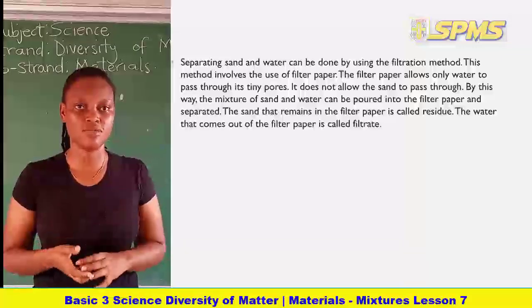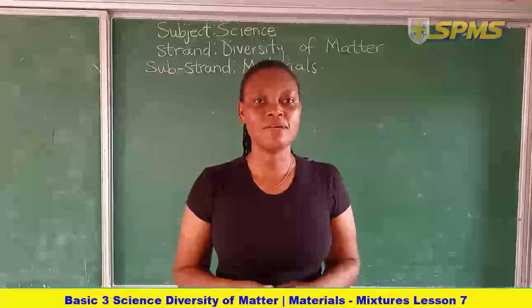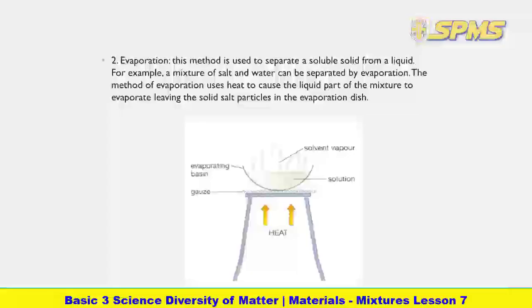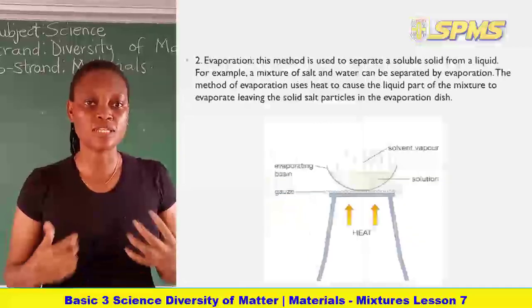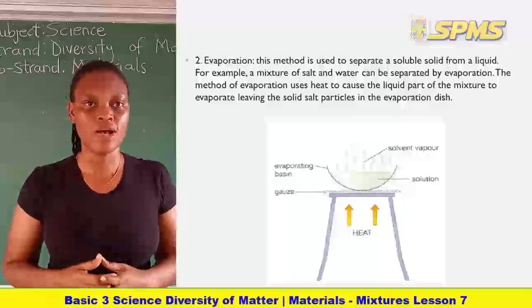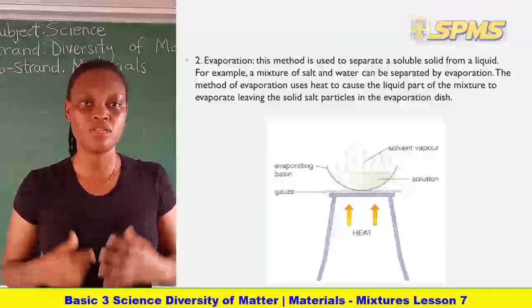The residue. Good. And the other method is known as the evaporation. This method is used to separate a soluble solid from a liquid. That is any solid that can disappear or dissolve in water. We use the evaporation method. For example, when you want to separate salt from water, we can use the evaporation method.